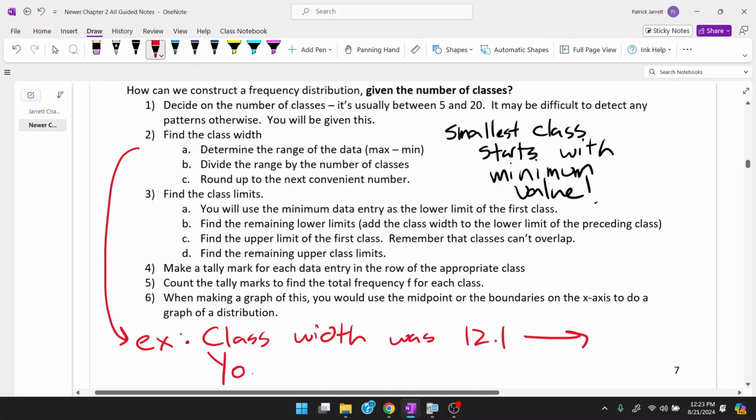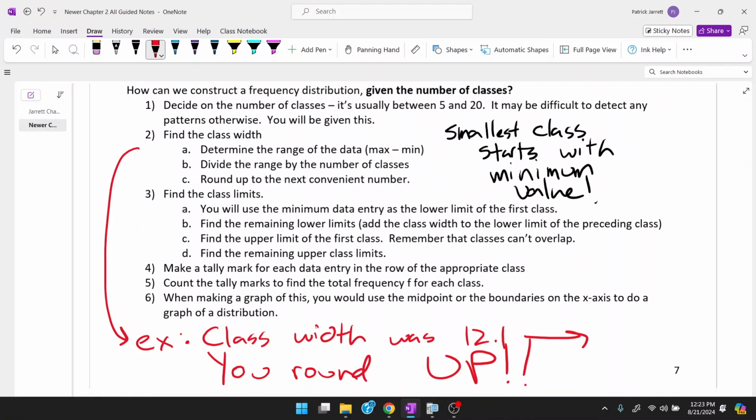You round that to 13. You always round up. Let me ask you that again. Which way do you always round? Up. Do not ever round down on this. Even if it's like 12.02, you would round up and it would need to be 13. Now, if it were 12.8, you would still round that to 13.